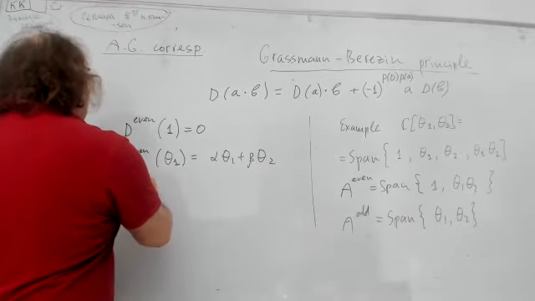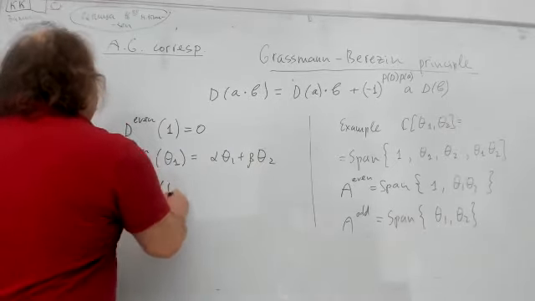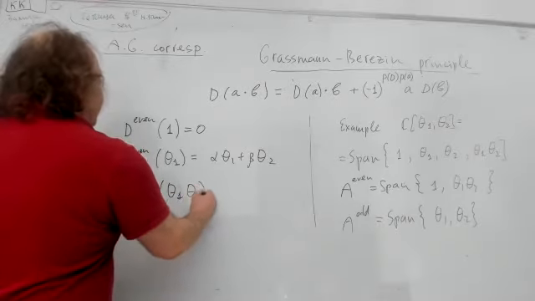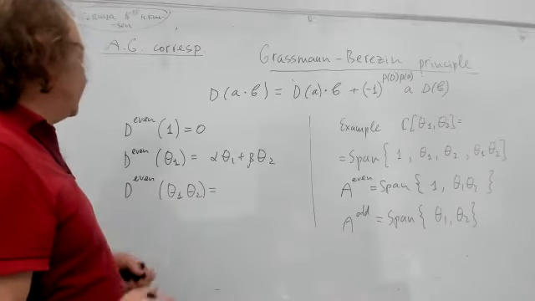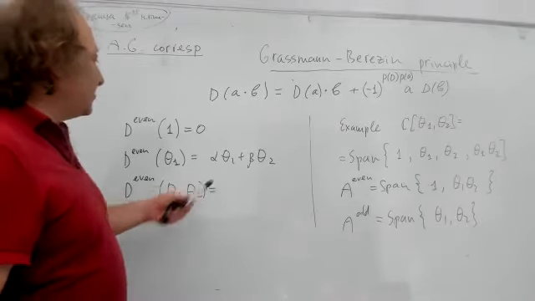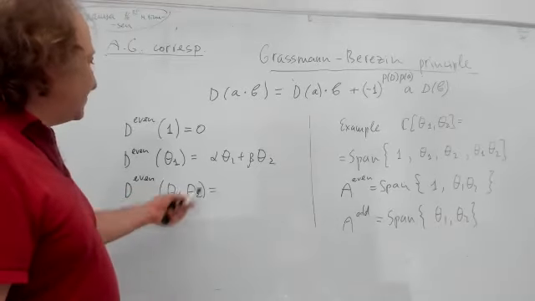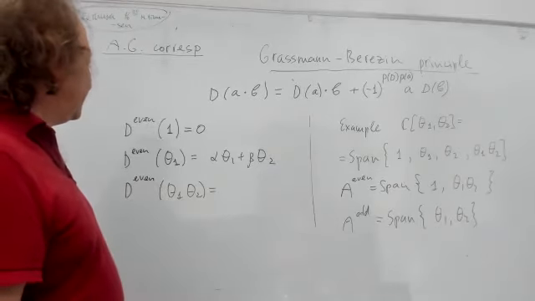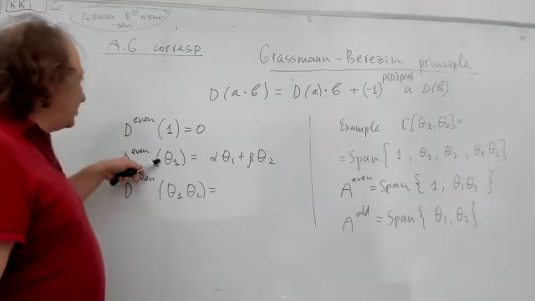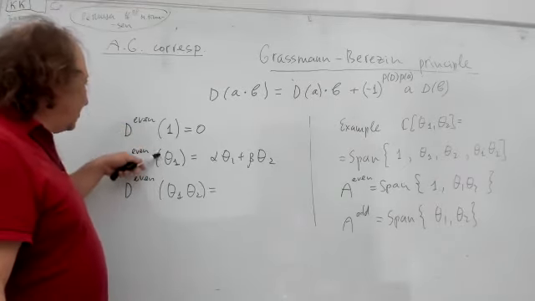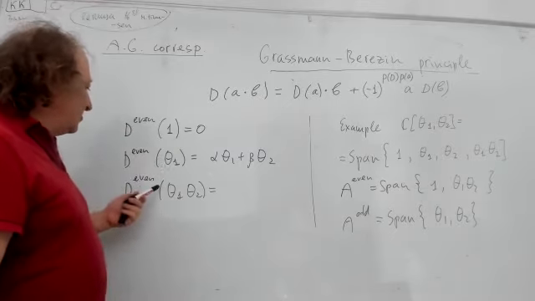And what could we say about D even on theta 1 theta 2? It should be an element of A even. No, you see, when we describe derivations, we describe them on the basic elements.